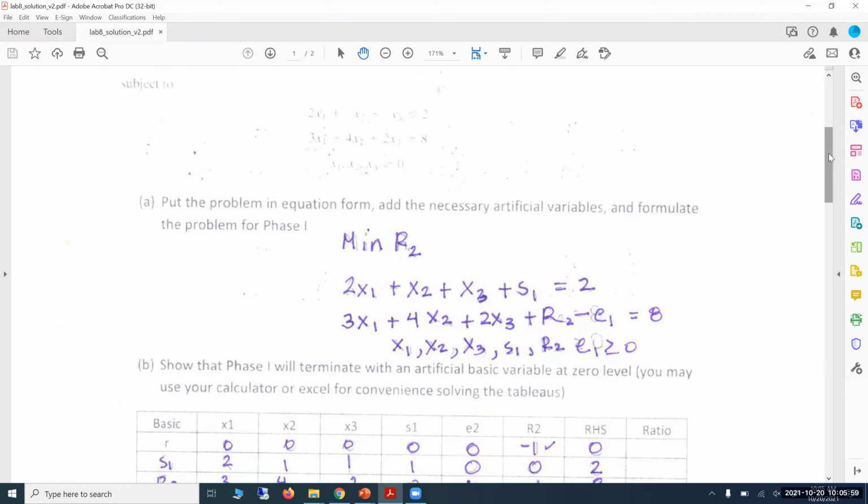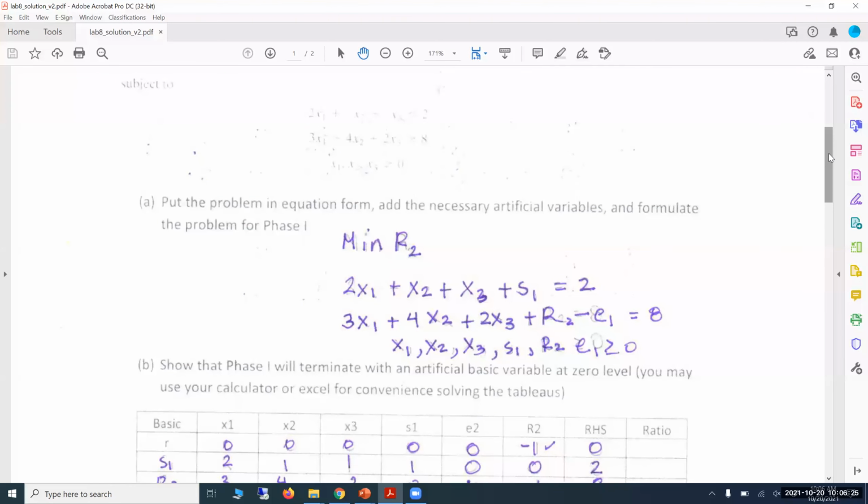So if in your formulation you end up with two artificial variables, one for the first constraint and one for the second constraint, this would be R1 plus R2, right? But in this case, we only have one artificial variable.